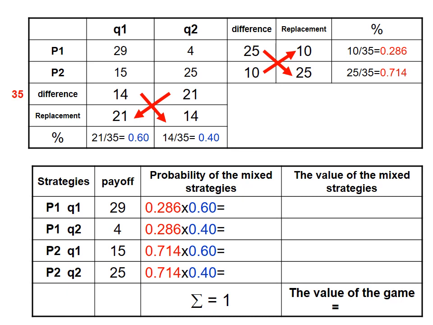For strategies B2 Q2, we multiply 0.714 times 0.40.